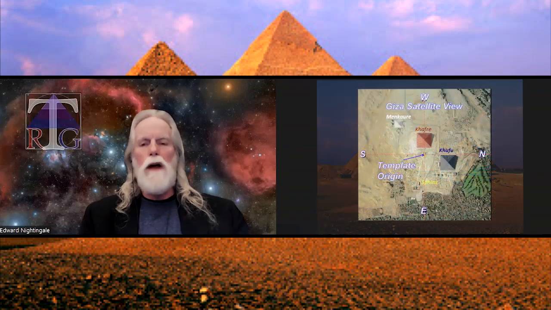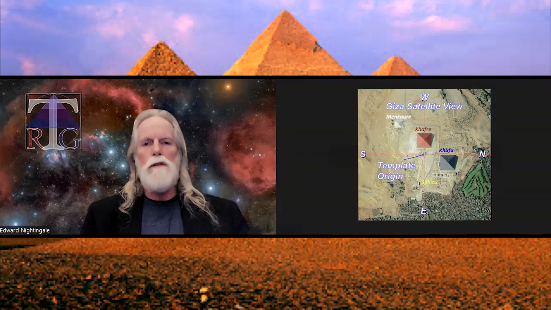I suspected that if this was a repository, there would be a good place to start. I had determined where that point was on the plateau and was able to go with John West, and I verified it for myself at that point. I've been working on it now for 27 years.